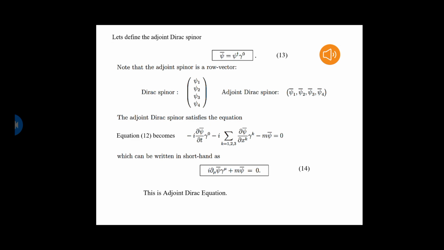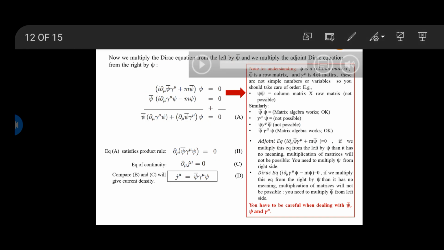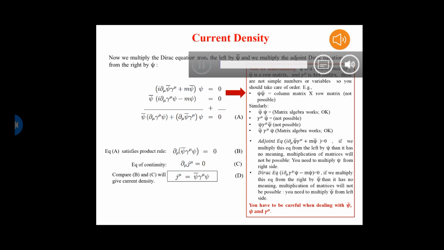This is called the adjoint Dirac equation.